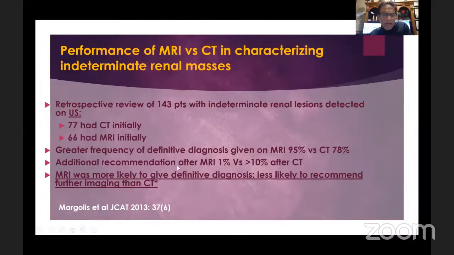MRI recommended additional studies or follow-up in only 1% of patients, whereas CT recommended more than 10% additional evaluation. So MRI was more likely to give a definitive diagnosis and less likely to recommend further imaging than CT.